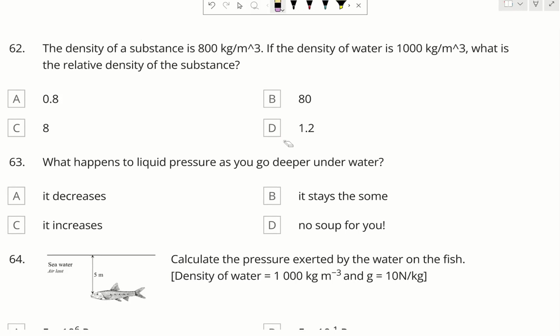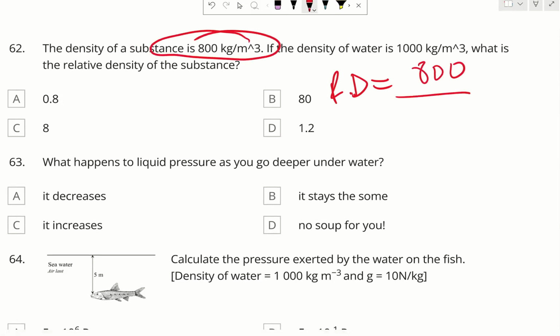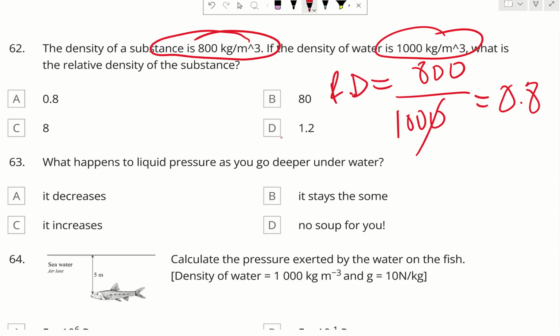So when I take the relative density, my RD is just the density of the substance, 800, over the density of the water, 1,000. This is going to be 0.8. Cancel the zeros. 8 over 10 equals 0.8.